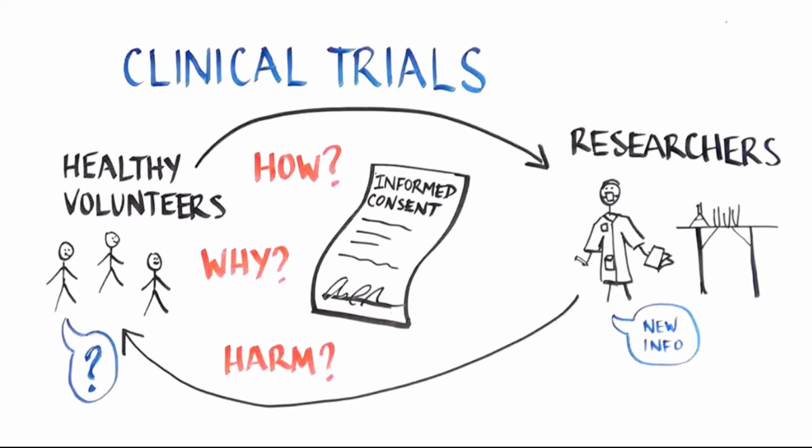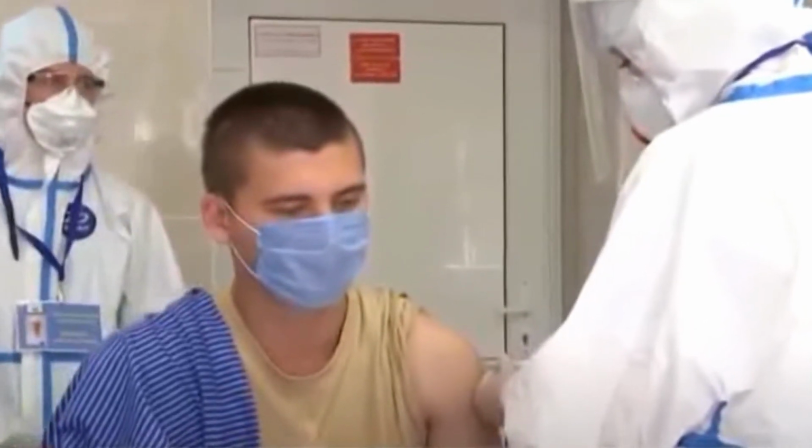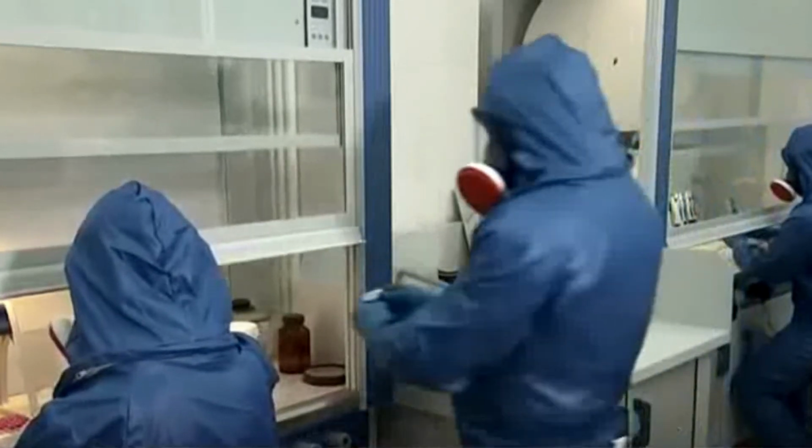All volunteers will undergo a comprehensive physical exam and blood testing workups before they are enrolled. Most volunteers should be healthy without any comorbid conditions, so the factors that will affect the vaccine will be minimized and the focus will be only on the real effects or side effects of the vaccine.